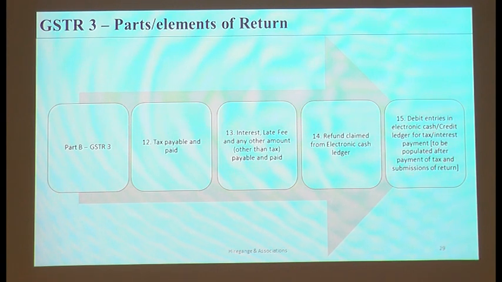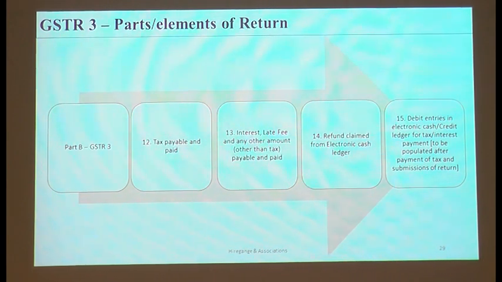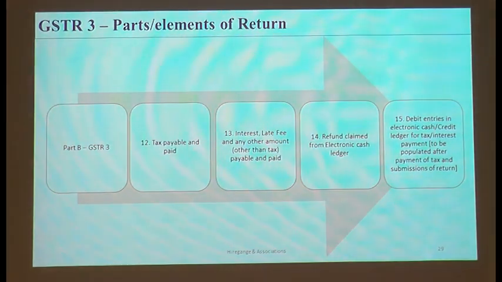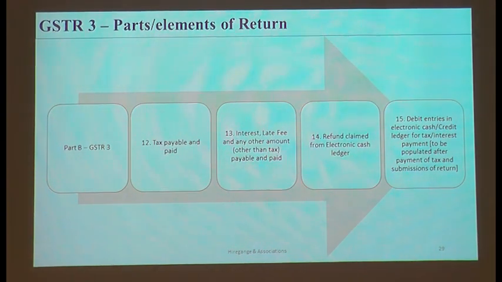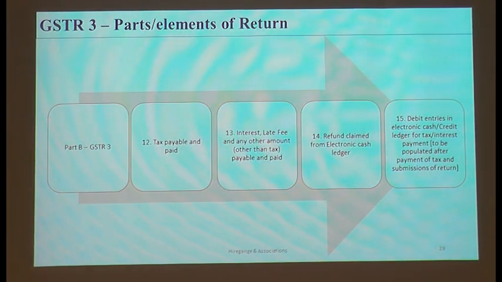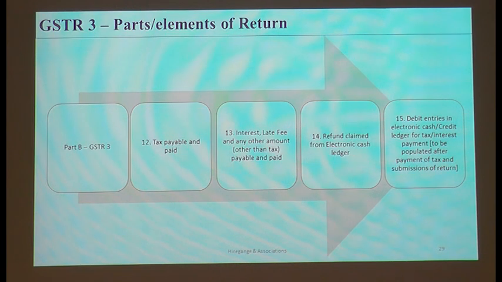Initially, when Madam was explaining the initial session, she was telling electronic cash ledger, credit ledger, and electronic liability register. We have three different ledgers, and even though you have a balance in cash ledger and credit ledger, unless and until it is transferred or it is utilized for the payment of liability which is there in electronic tax liability register, payment is not made.